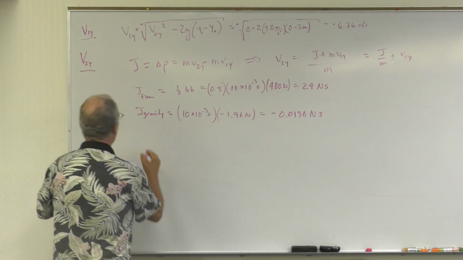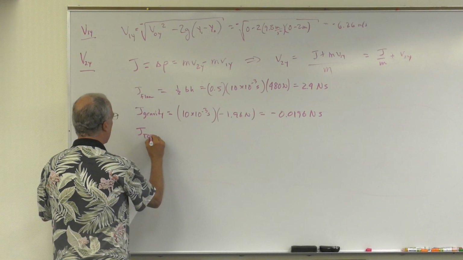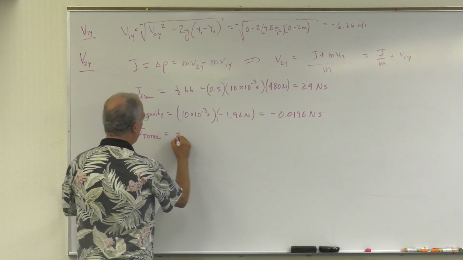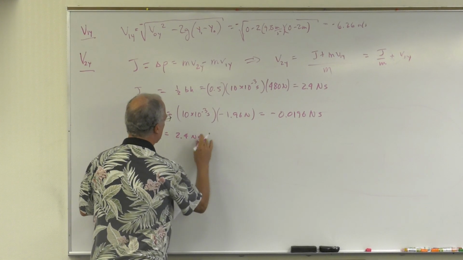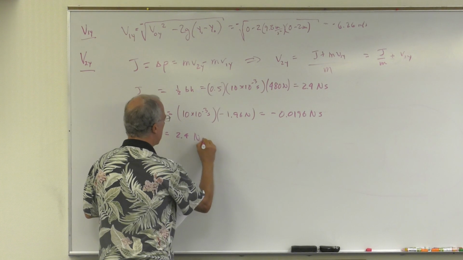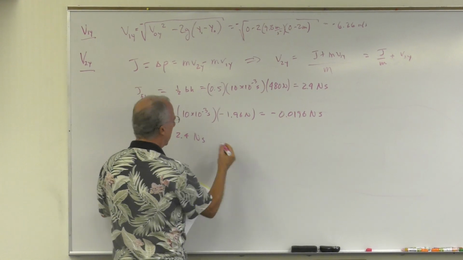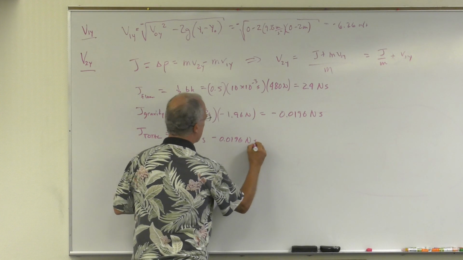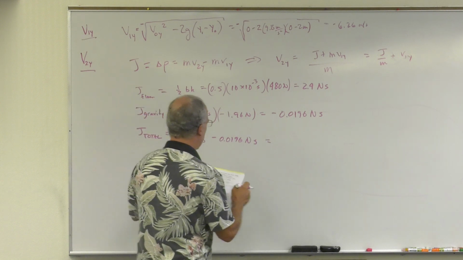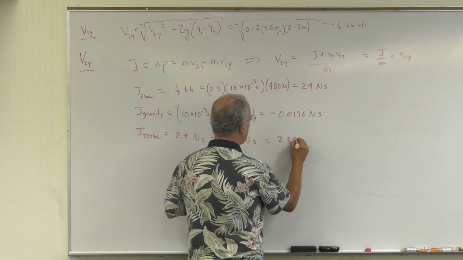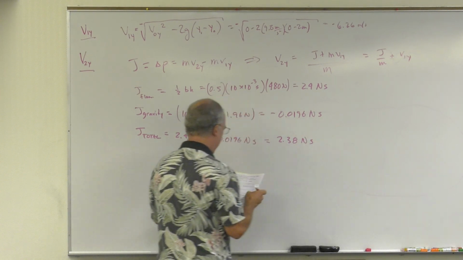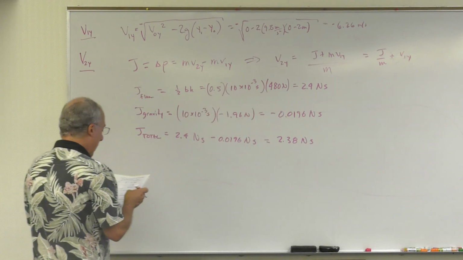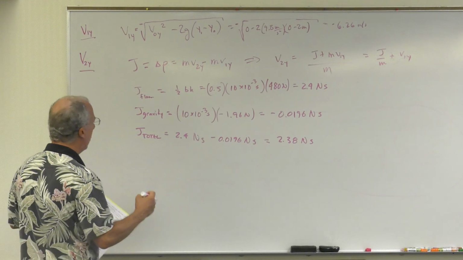Therefore J total is equal to 2.4 newton seconds plus a negative, minus 0.0196 newton seconds, which is 2.38 newton seconds. Now, woohoo!